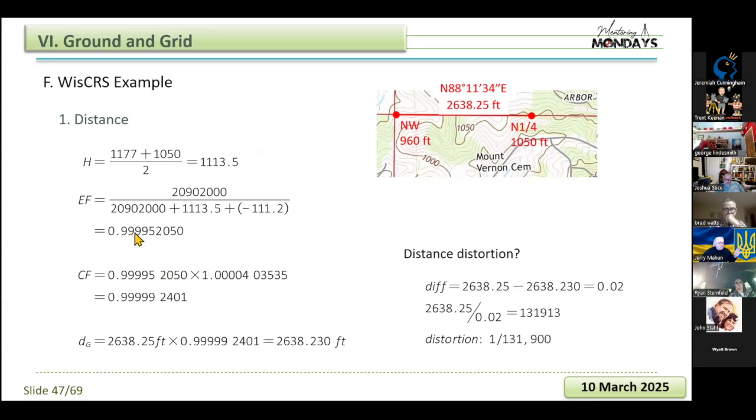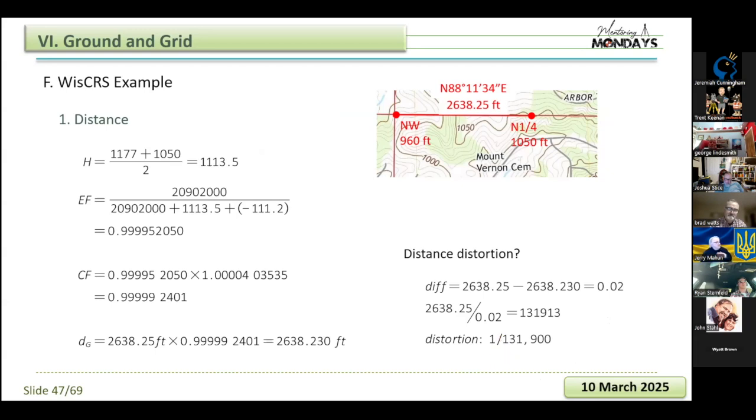If I take that and multiply it by my scale factor to get my combined factor, I'm getting really close to 1. And when I multiply my ground distance times that, I get 2638.23 compared to 2638.25. There's a difference of 2/100 of a foot, and that translates into a distortion of 1 in 131,000.